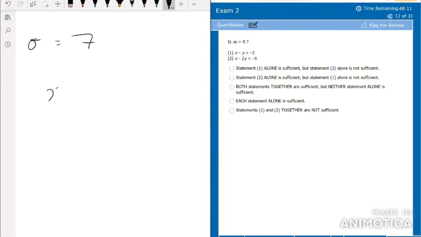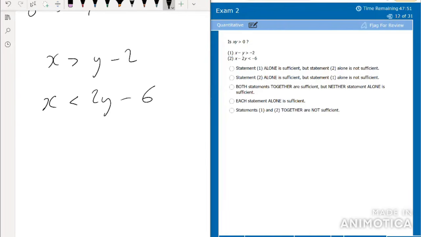x is greater than y minus 2, and x is less than 2y minus 6. So I'm feeling like this isn't enough together. Let's try some examples. There's nothing here, so it's strictly greater than 0.